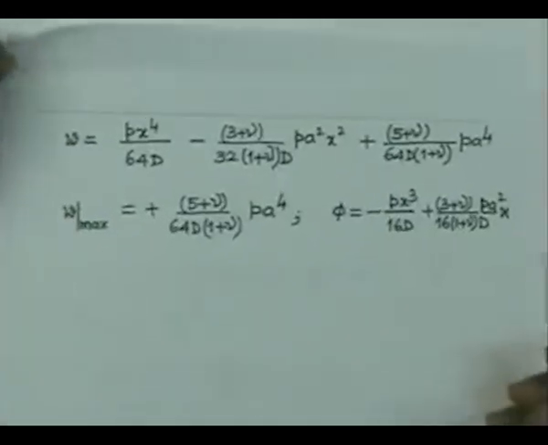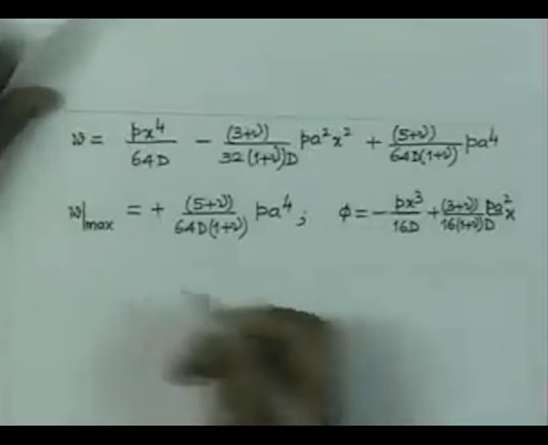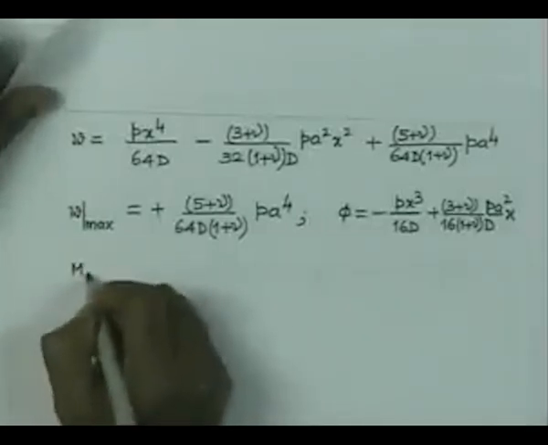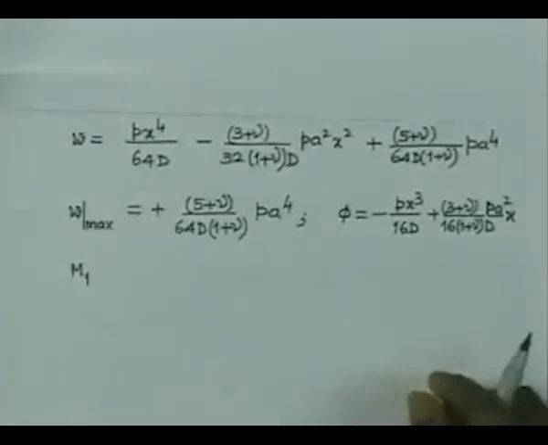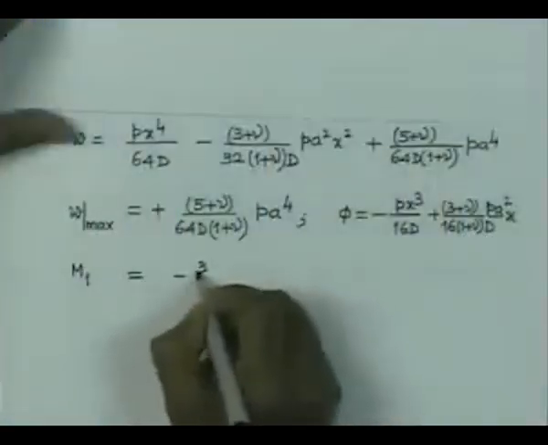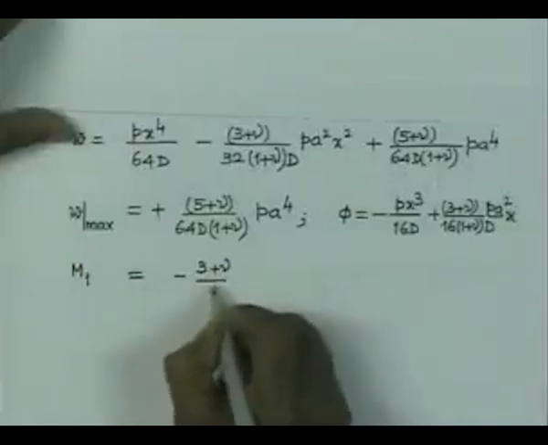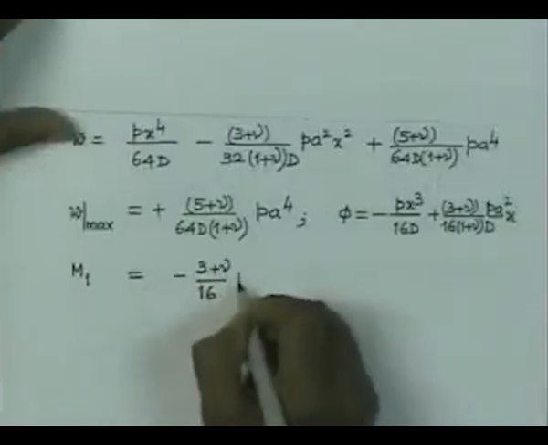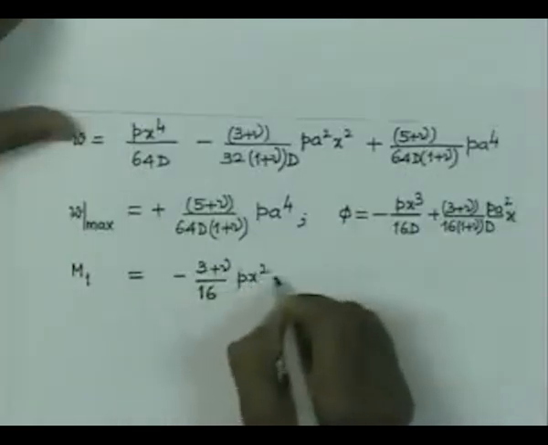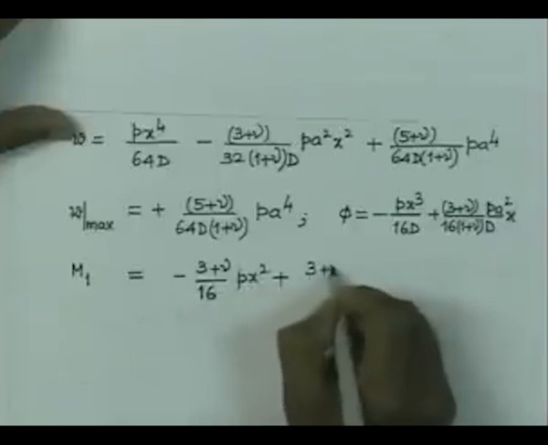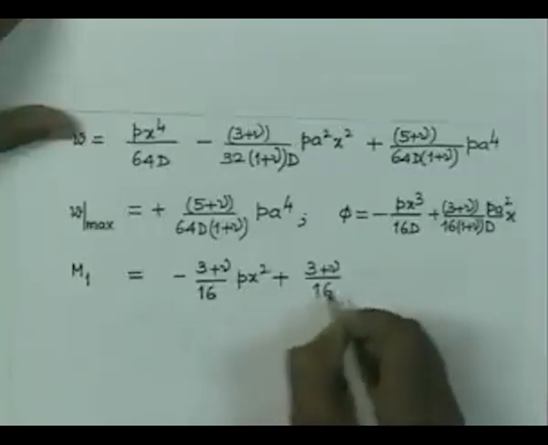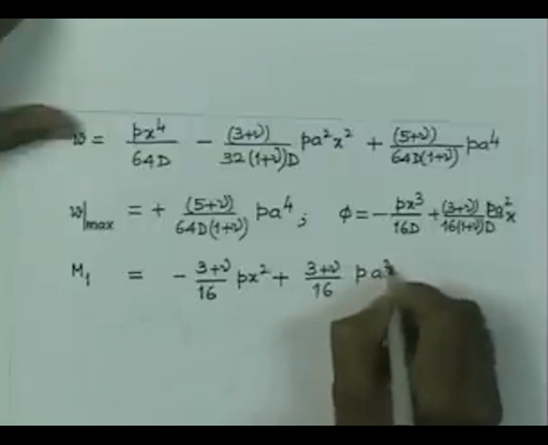And if we calculate M1, which is nothing but D into d phi dx plus nu phi by x. So, we have everything. So, if we substitute, the expression for M1 turns out to be M1 is equal to minus (3 plus nu) by 16 p x square plus (3 plus nu) by 16 p a square.